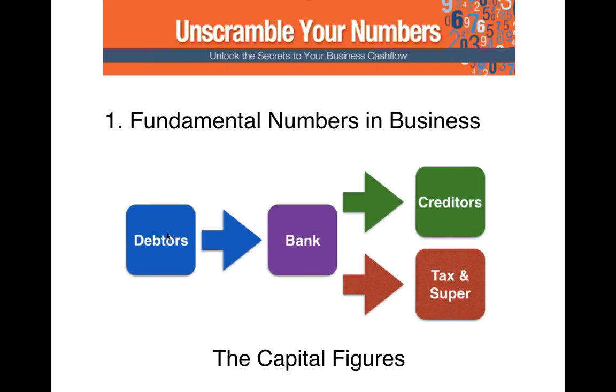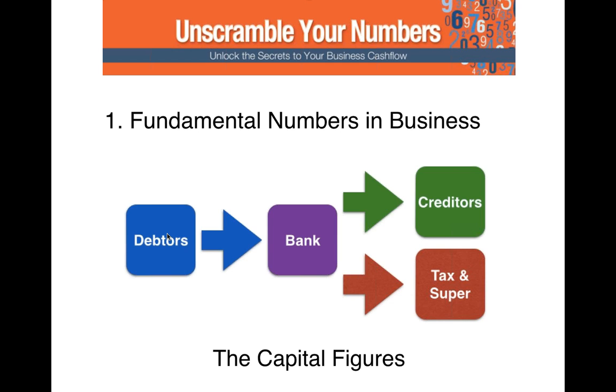That money goes into the bank account when it comes in, and from the bank account you're then paying your creditors, so that's your suppliers and all the expenses, wages also, tax and superannuation. The tax includes GST and tax on wages, and superannuation is for your employees' costs. Those numbers are basically the other side of the income figures.